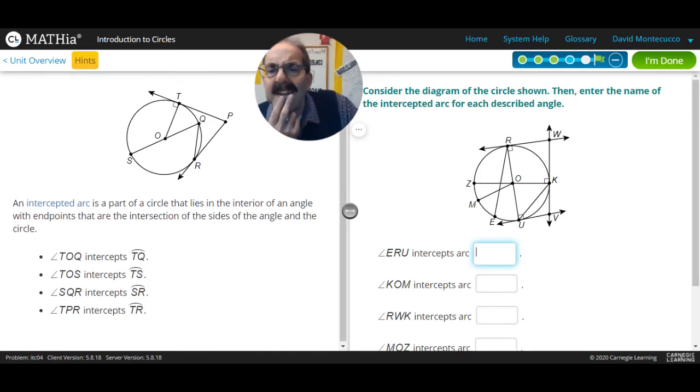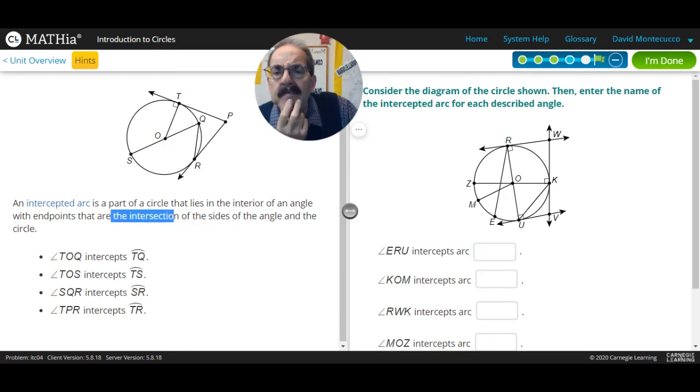Okay, now intercepted arc, interior angles with endpoints of intersection. TOQ, TQ. ERU is EU.